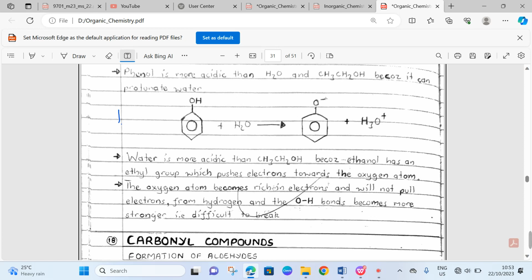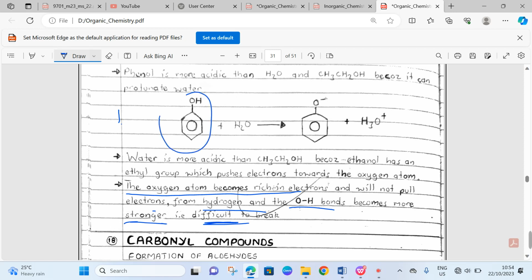Why? Because ethanol has an ethyl group which pushes electrons towards the oxygen atom. The oxygen atom becomes rich in electrons and will not pull electrons away from the hydrogen, and the OH bond becomes stronger, and thus difficult to break.